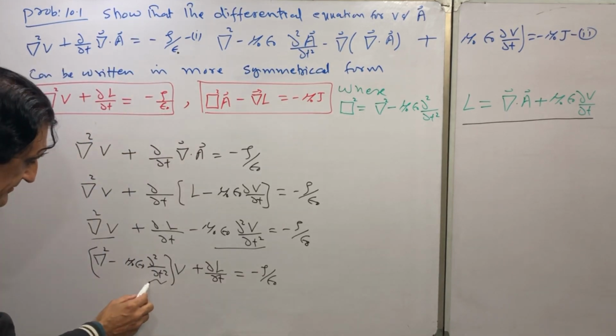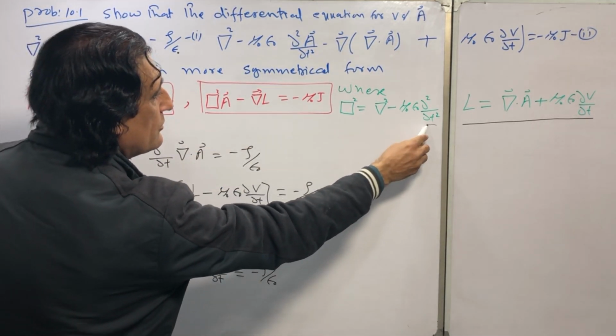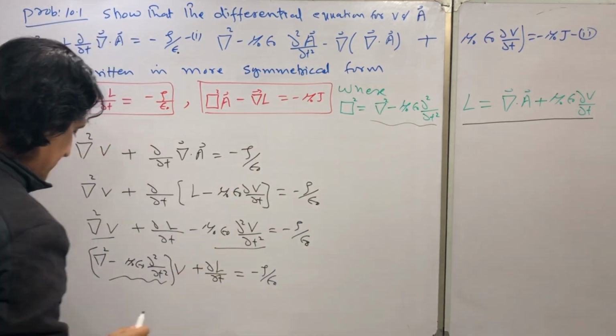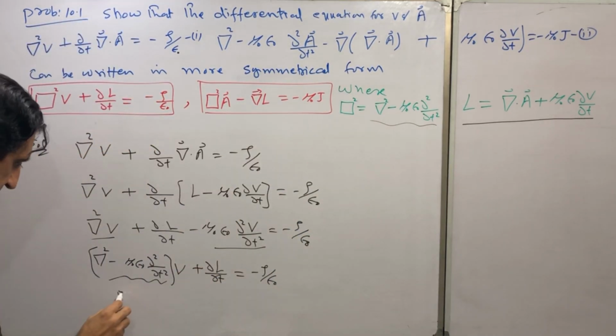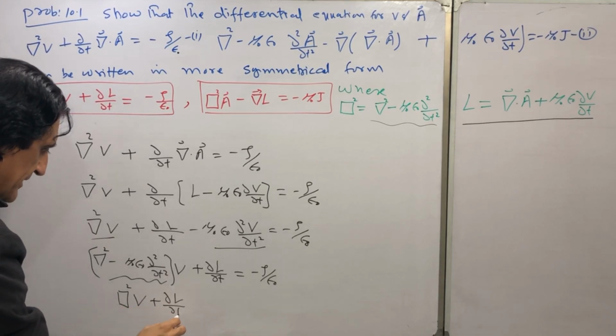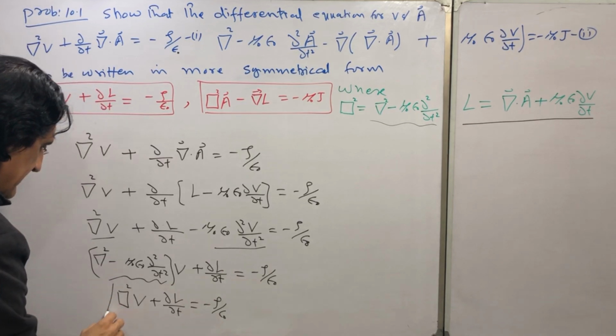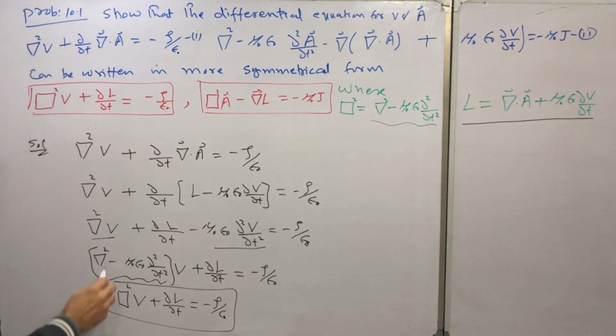And this operator is the D'Alembertian, so D'Alembertian square V plus partial L divided by partial T is equal to minus rho divided by epsilon naught. So this is the required result.